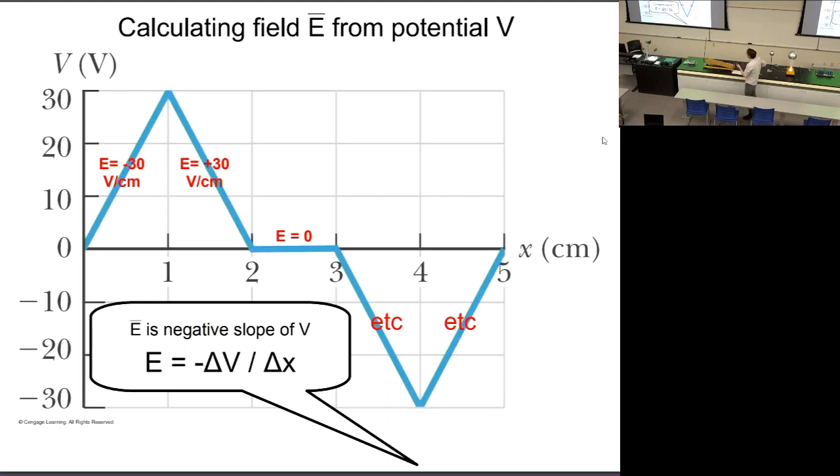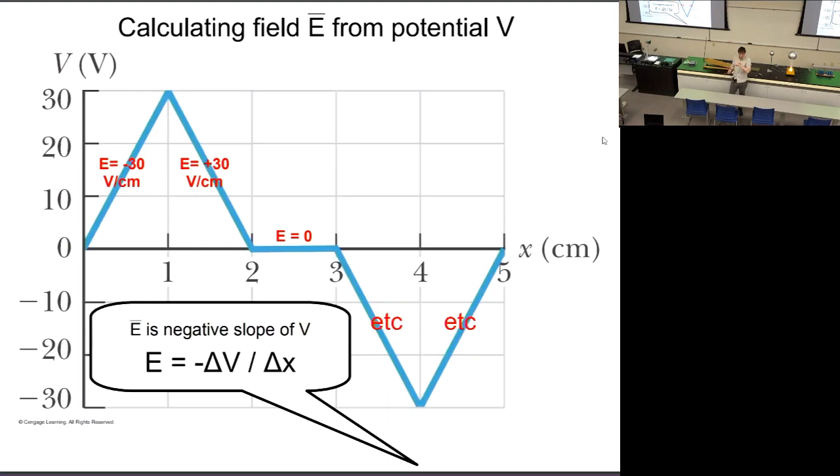So let's go through a few examples here. Let's take this first 1 centimeter section. This is a mountain in the electrical landscape, and here we are walking up that mountain. If we walk from coordinate 0 centimeters to 1 centimeter, the potential changes from 0 to 30 volts.